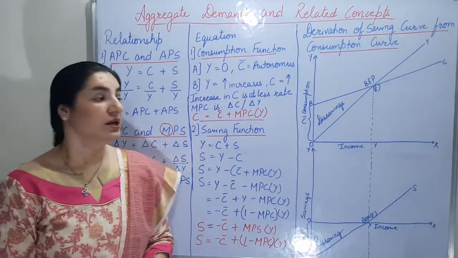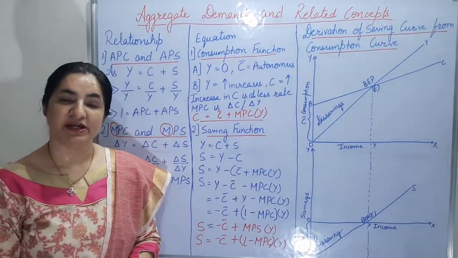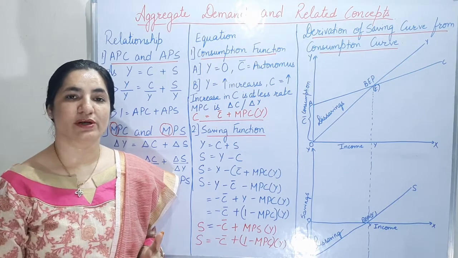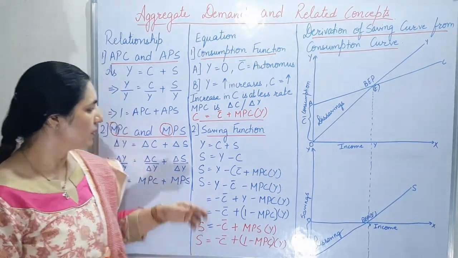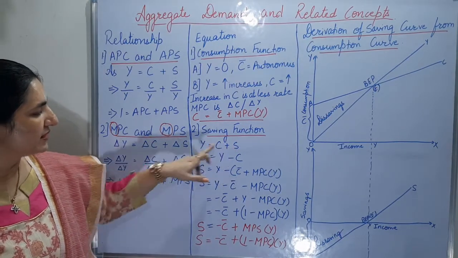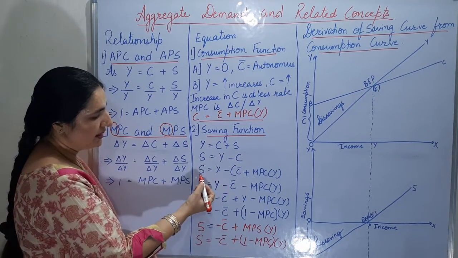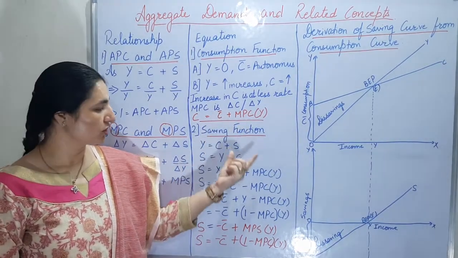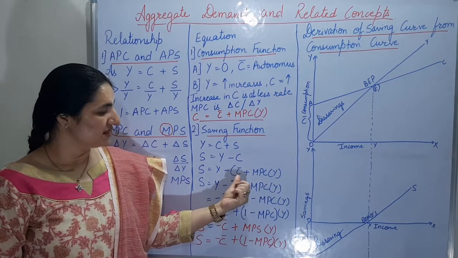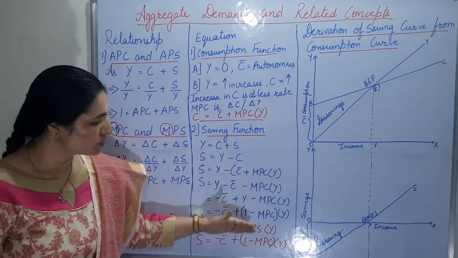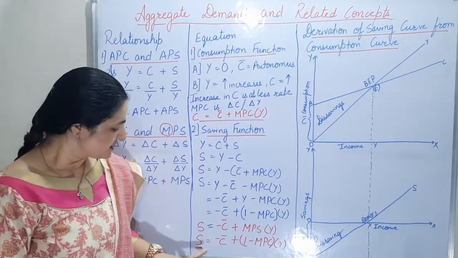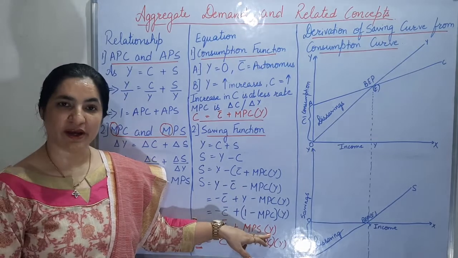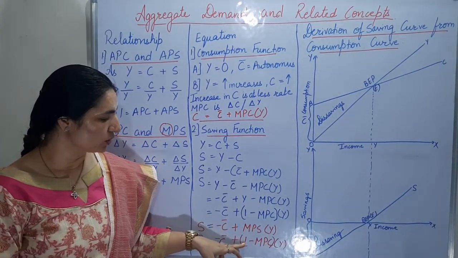Next is the saving function. The equation of the saving function can be derived with the help of the consumption equation, because we know income is equal to consumption plus saving, so Y is equal to C plus S. When we take S aside, S is equal to Y minus C. Here, in place of C, I am putting the value from the consumption equation: autonomous C plus MPC into Y. When we solve this equation, we get saving equal to minus autonomous consumption plus MPS into Y, or we can write MPS is equal to 1 minus MPC.